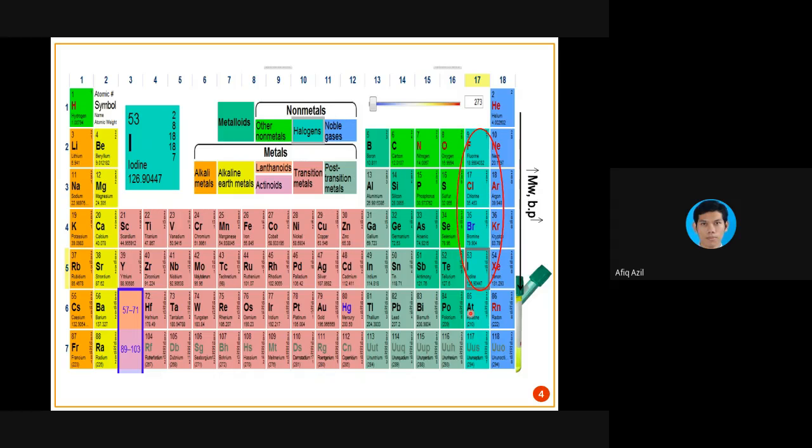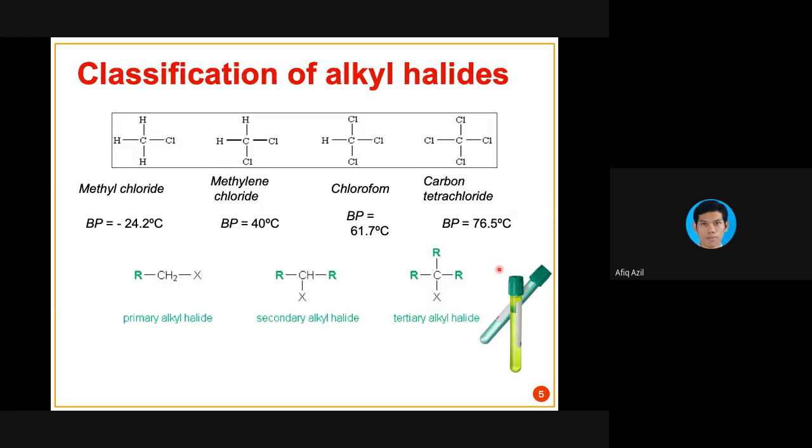But the first four are normally encountered in organic compounds, so you have F, Cl, Br, and I. But when they become substituents, that means when they form bonds with an alkane group, you do not call them fluorine, chlorine, bromine, and iodine anymore. They will be known as fluoro, chloro, bromo, and iodo. We will see this in the naming.